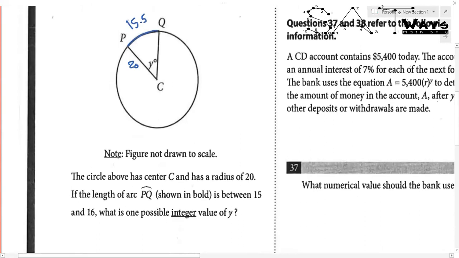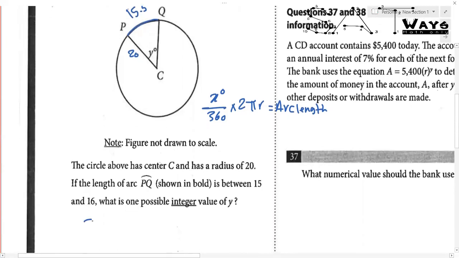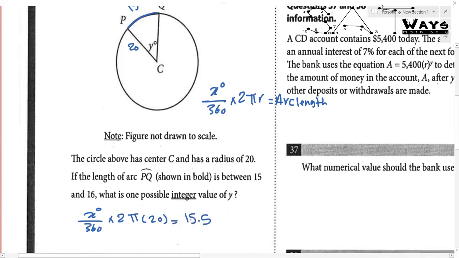Okay, we know that the rule is x degrees over 360 multiplied by the circumference, which is 2 pi r, equal to the arc length. What is the value of x? I don't know. This is what I'm looking for. And what is the value of r? It's 20. And what is the value of arc length? It's between 15 and 16, and we took 15.5. Then do shift solve.